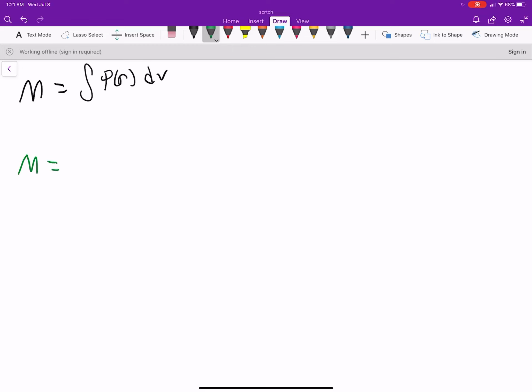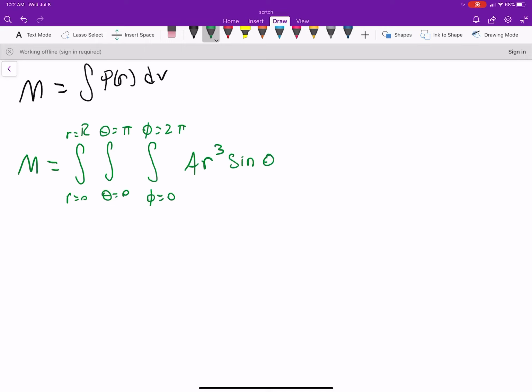So working this out, you'll get the integral from r equals 0 to r equals r, theta equals 0 to theta equals pi, and phi equals 0 to phi equals 2 pi of A r cubed, because you have r squared from the dV and then the r from the rho, sine theta, dr, d theta, d phi.